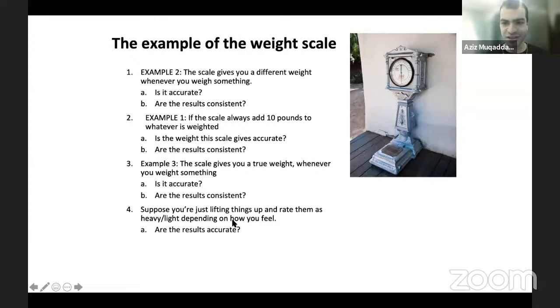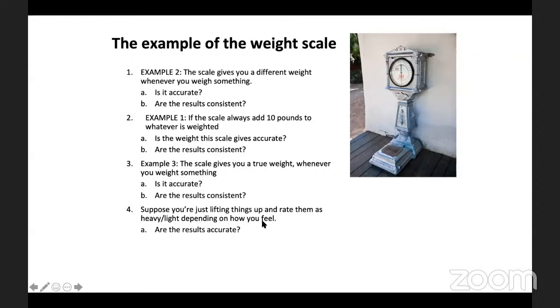This distinction is not just some trick, like a quiz question. It's helpful for actual research, because assume you own that scale and the only problem is that it adds 5 pounds. Can you still use it? Yes. You know it's 5 pounds, so you just subtract. Yeah, exactly. Ray, you want to say something?